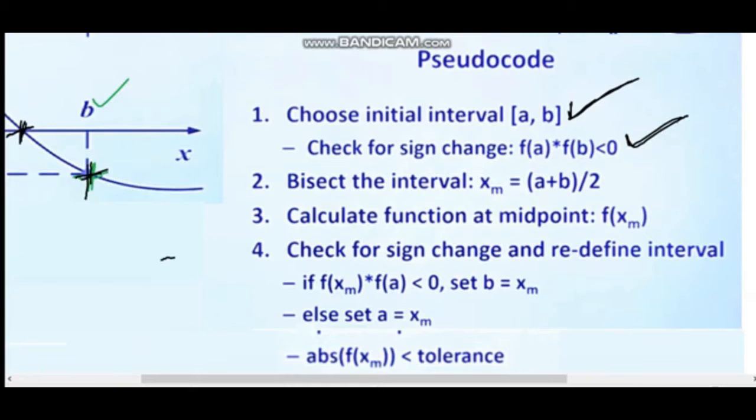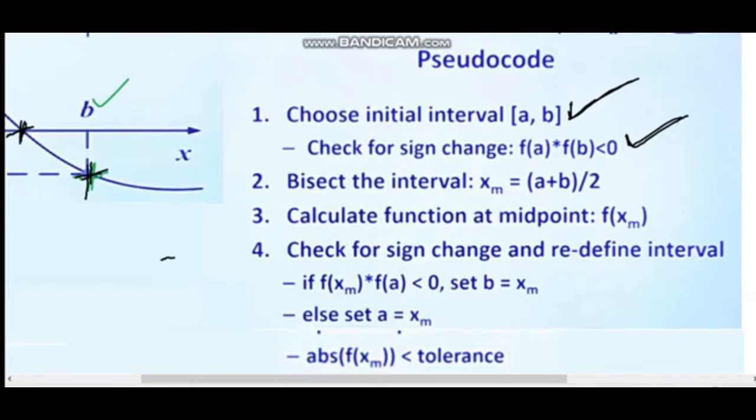Suppose f of a is negative, then f of a into f of b becomes negative, or if f of b is negative, also f of a into f of b becomes negative. So if this condition is valid, then we have function values that are positive and negative at these endpoints. So we can choose a and b as your interval, because it will give you positive and negative values for your function.